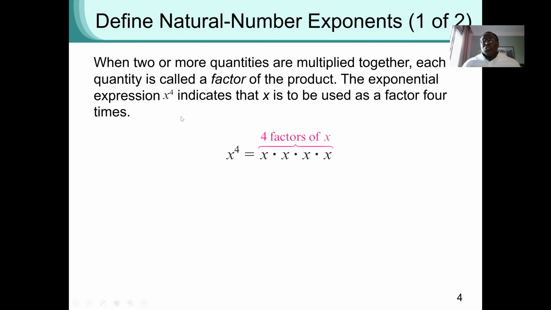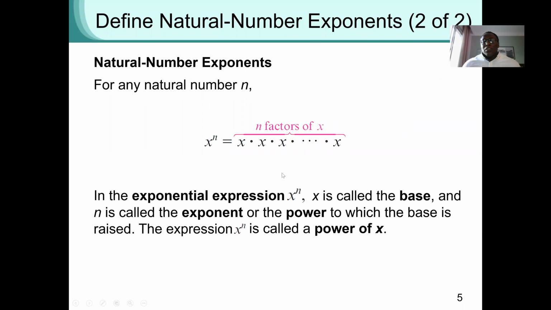So the exponential expression x raised to the power 4 indicates that x is to be used as a factor 4 times. So again, x raised to the power 4 will be x times x times x times x, 4 times. So it's the 4 factors of x.